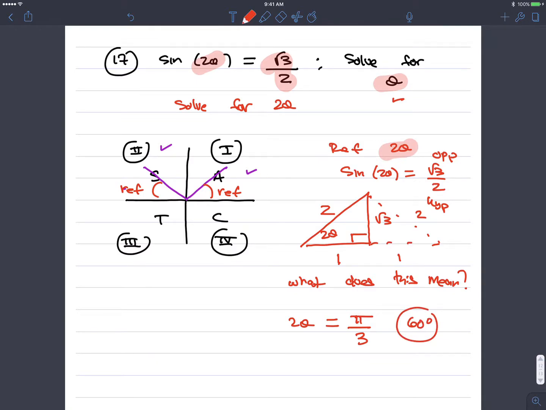Is that true? So what this says is my reference angle is pi over 3. So this is my reference, 60 degrees. That's the reference angle.